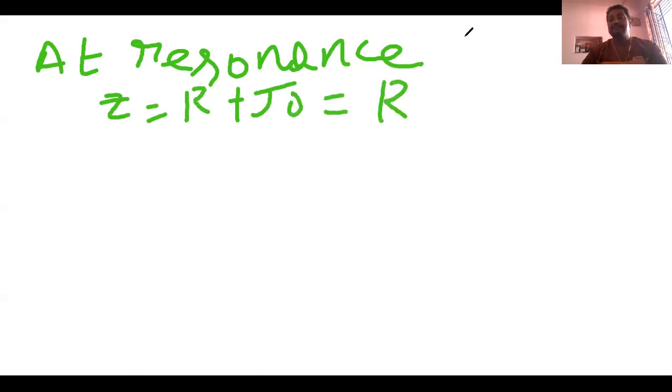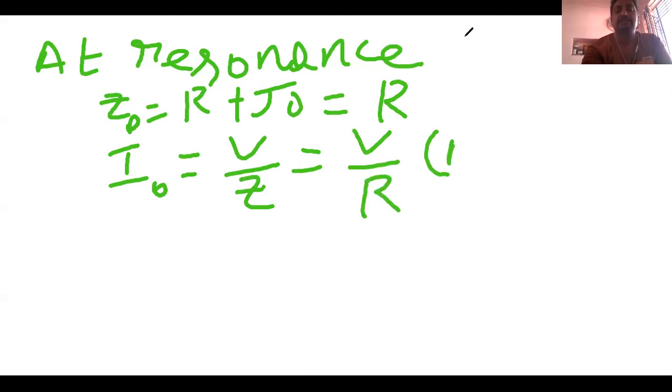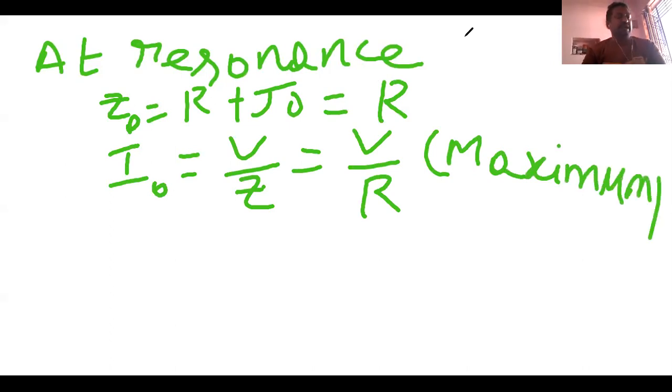So at resonance, impedance is equal to only the resistive part; the reactance part is 0. At resonance, the current I naught is equal to V by Z naught, but Z is equal to R. Therefore, I naught is equal to V by R. This is the maximum value, because the impedance is at its minimum value.